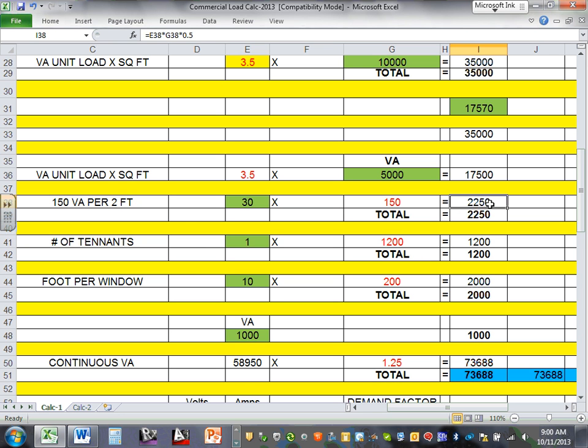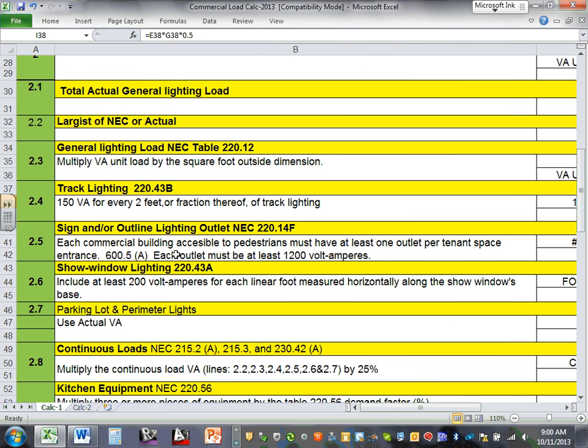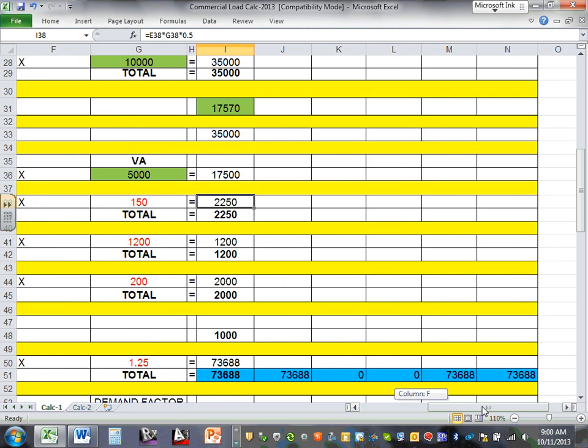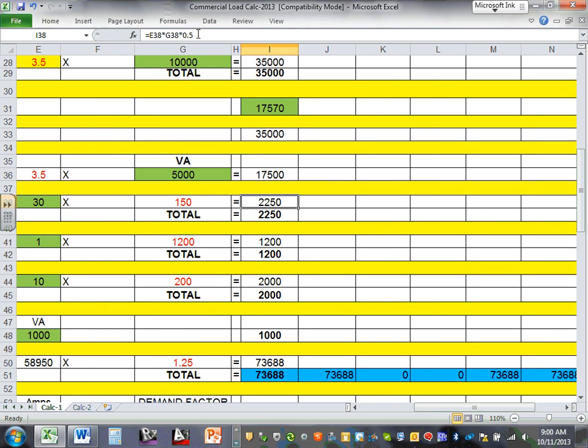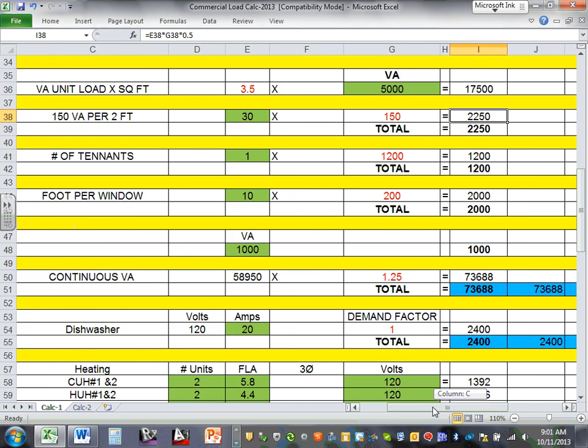That will get you this amount, and you're going to cut it by 0.5 because it says for every 2 feet. Can you see that? So you have to cut the math when you do the math here. Everybody can see where it says 0.5. Why did I multiply it by 0.5? Because every 2 feet. Okay, so you got your track lights accounted for.